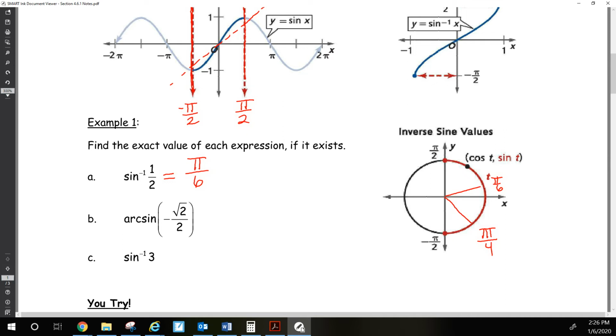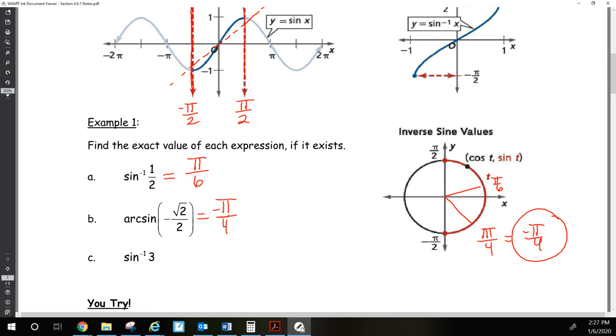We want the coterminal angle that's between negative pi over 2 and positive pi over 2. So I'm going to go this way, and that's negative pi over 4. We don't want to say 7 pi over 4 because it's not in the range. Our range is between negative pi over 2 and positive pi over 2.